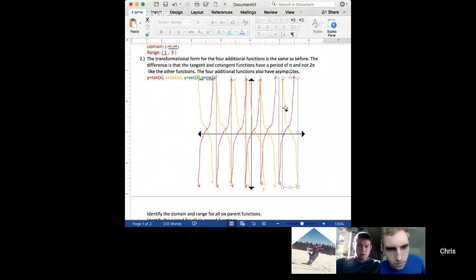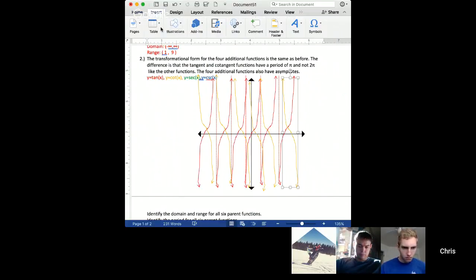I can't remember exactly what a secant is. It's got to be something similar anyway. Right, that's right. Same kind of... Oh, no, just kidding. Okay, that's a little bit more tricky, but it's still simple enough once you understand it.